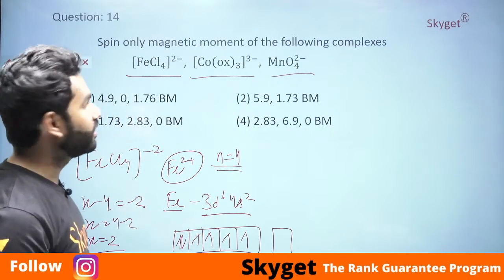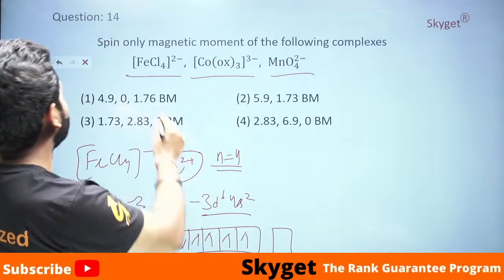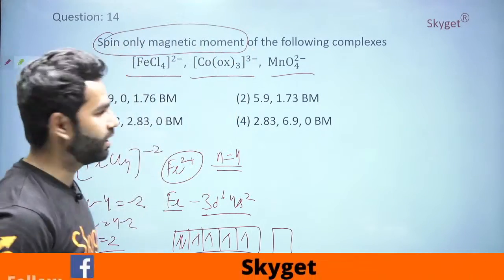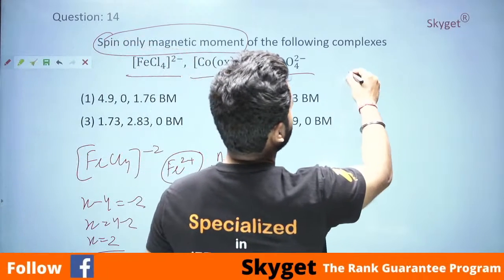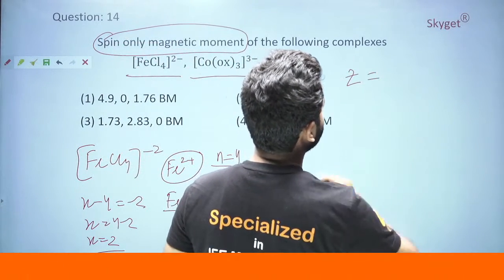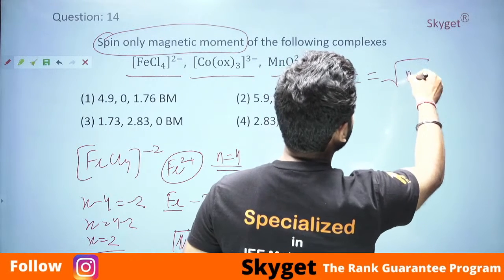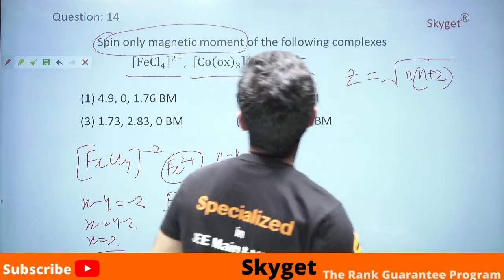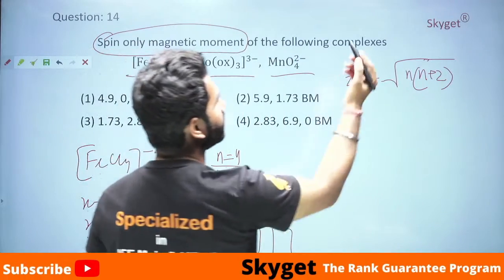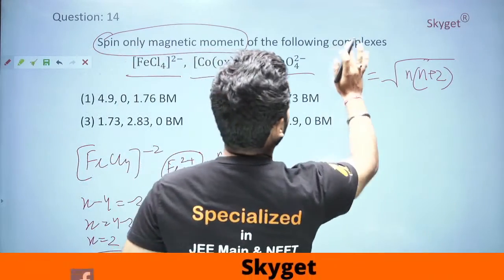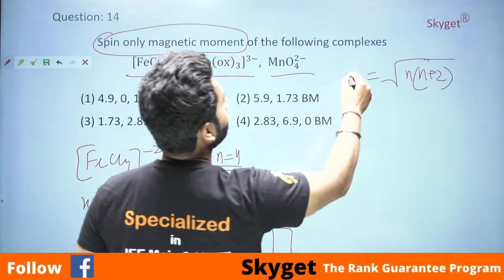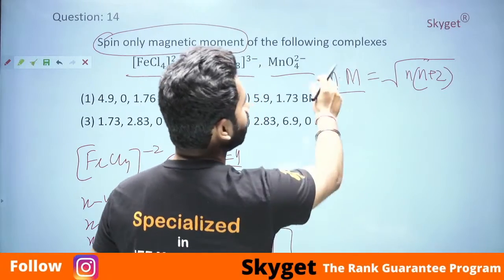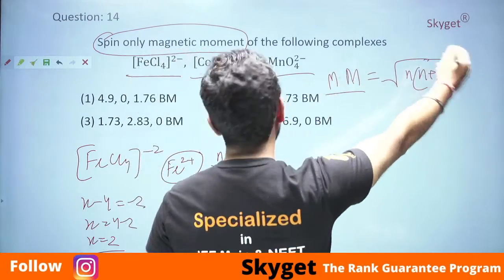Now the important thing which I didn't tell you yet is that to find the spin only magnetic moment, we already have a direct formula. The magnetic moment is equal to square root of n into n plus 2.